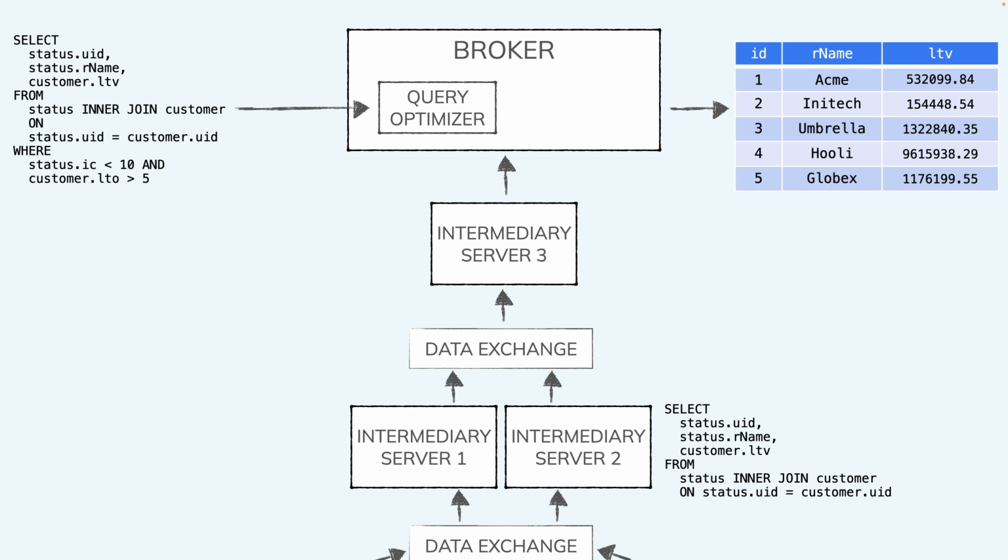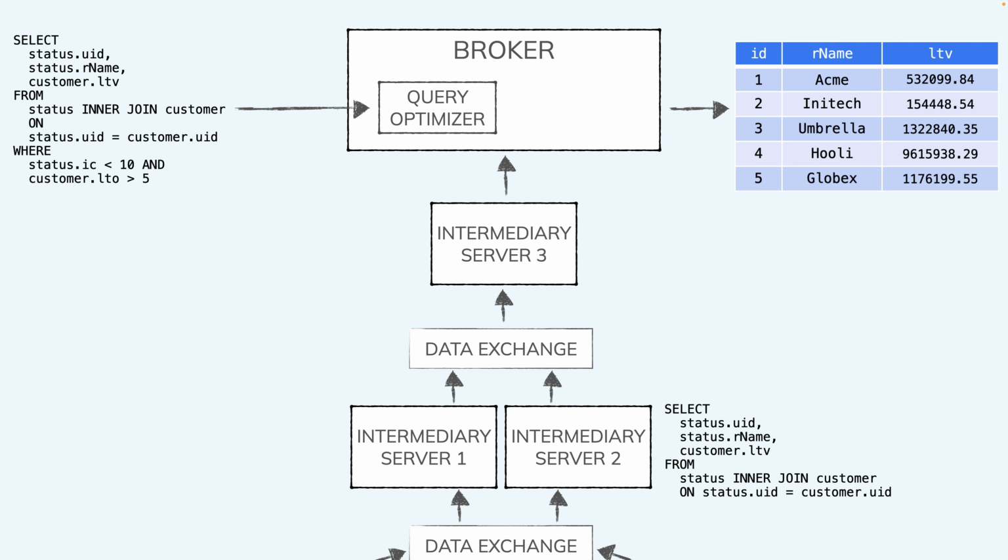So this could still potentially be a fair number of records. We don't know, but it is this nice polite stream of one set of them, and the broker itself doesn't have any joining or aggregating to do. That's really a completed result set. And so we get, looks like, a lifetime value for those companies, Acme, Initech, Umbrella, Hooli, and Globex, whoever they are, as a result of that join.